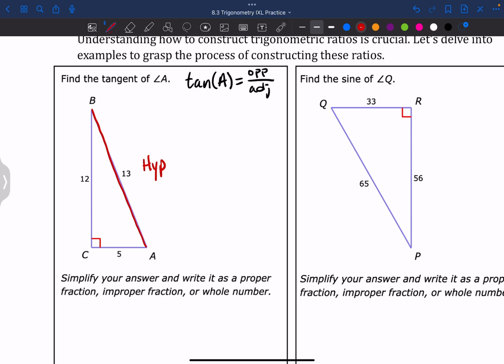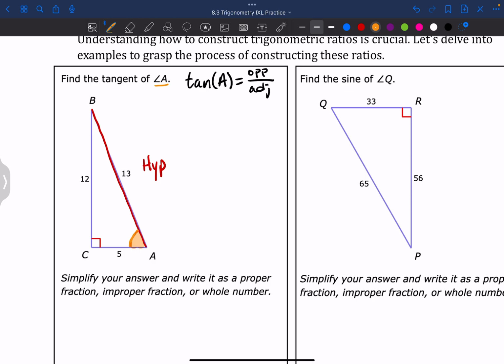Now, based on the angle I'm going to look for, the legs are either going to be opposite or adjacent. What angle am I going off of? Angle A. So you can see right here, I'm looking at angle A, which means this is my angle right here at point A. Based on this information, I'm focusing on which side is opposite and which side is adjacent.